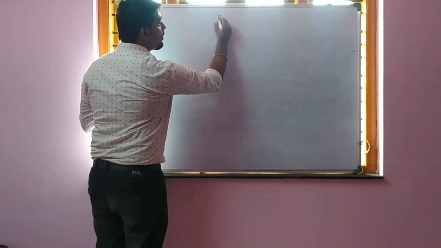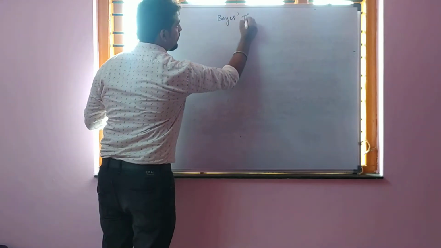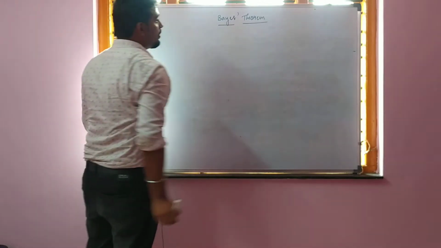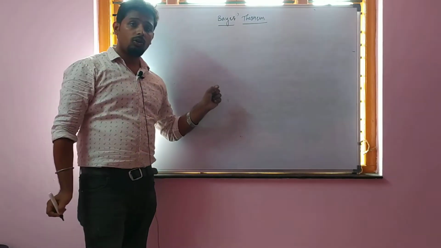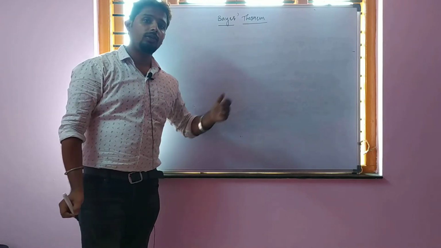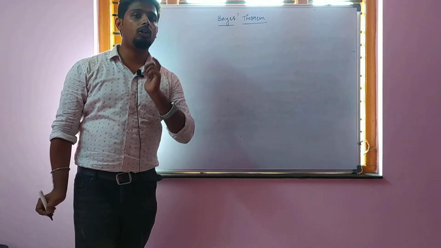So let us start with Bayes theorem here. As I told you, we need to use those prerequisites. In the statement, we shall use those prerequisites and come to a conclusion of the equation that needs to be proven.